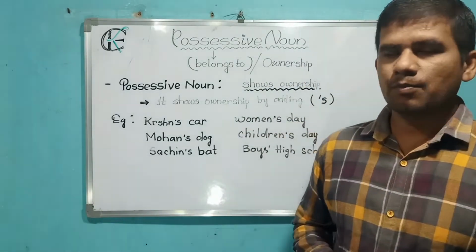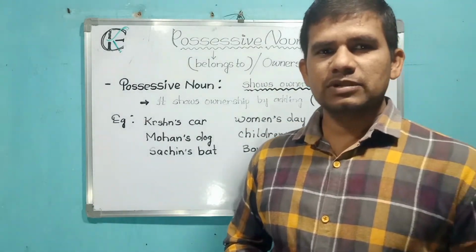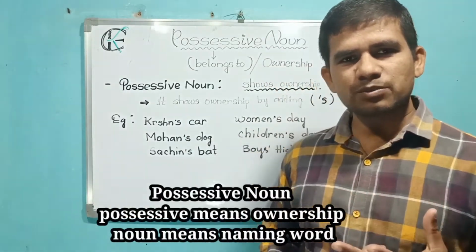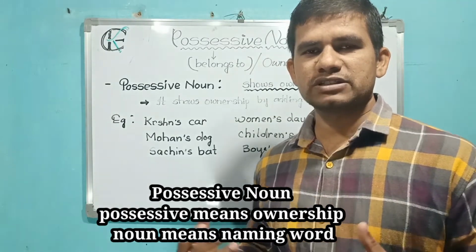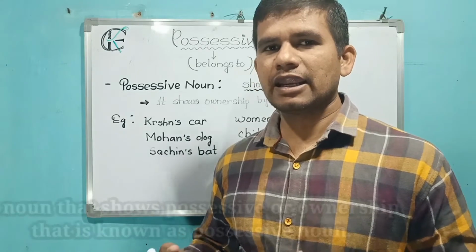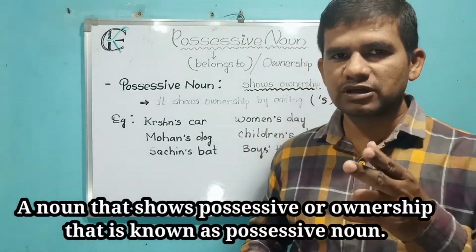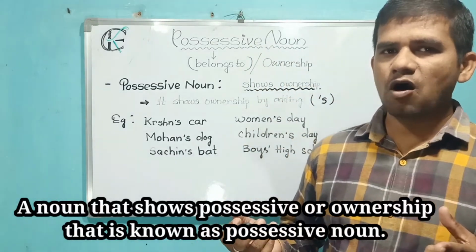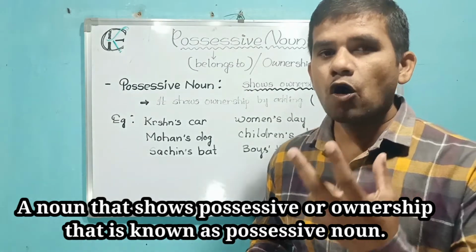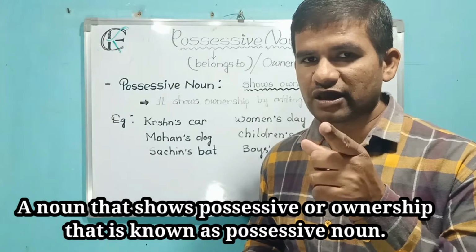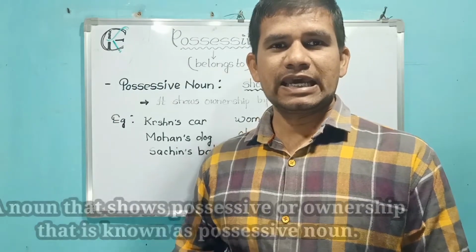See friend, possessive noun. Possessive means ownership or belonging, and noun means naming word. I can say a noun that shows possession, or a noun that shows ownership, is known as a possessive noun.